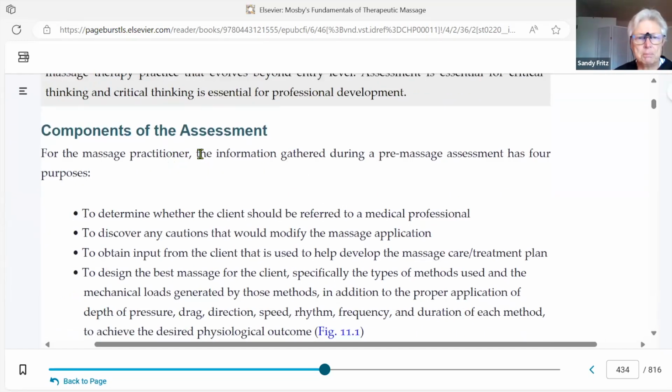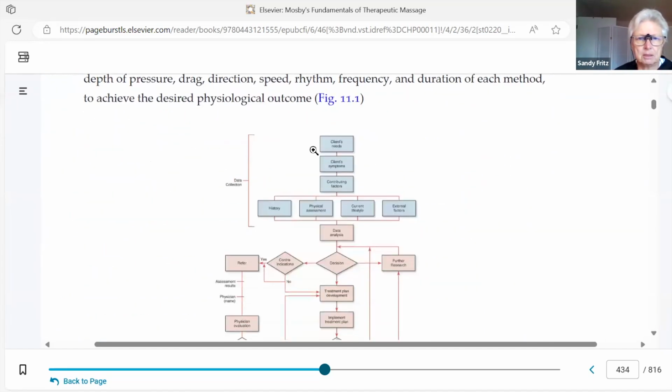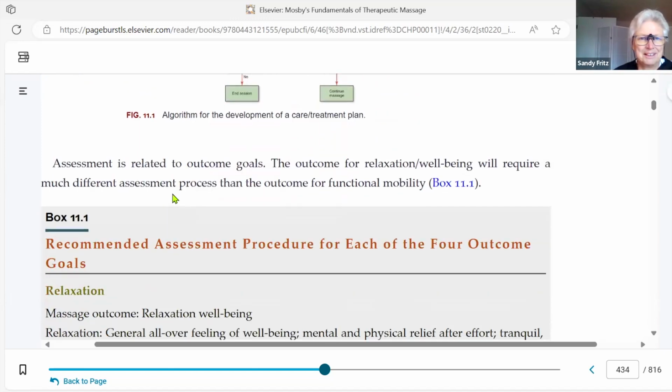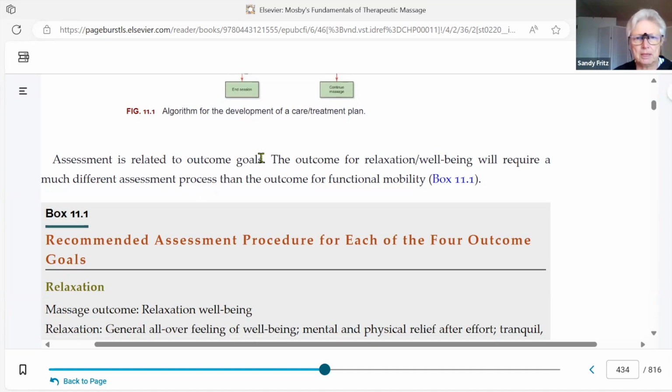So here are your components of assessment. Here's an algorithm. Your assessment is going to be related to your outcome goals. So if the outcome is relaxation and well-being, that's going to require a whole different assessment process than one for the outcome of functional mobility.